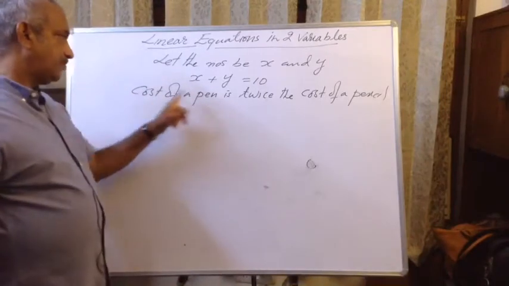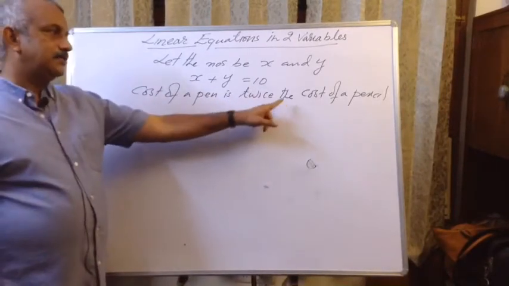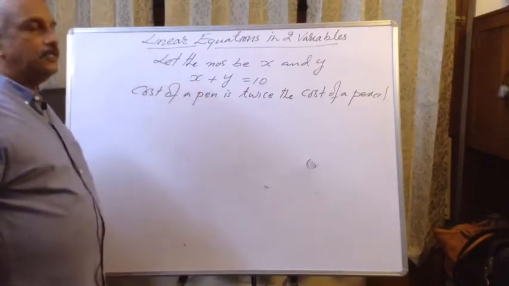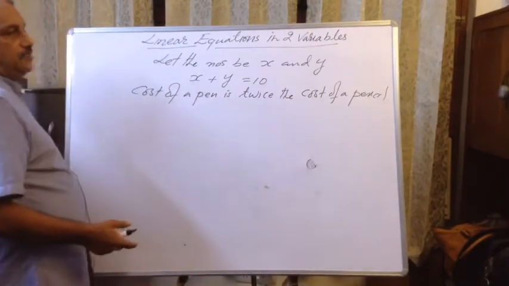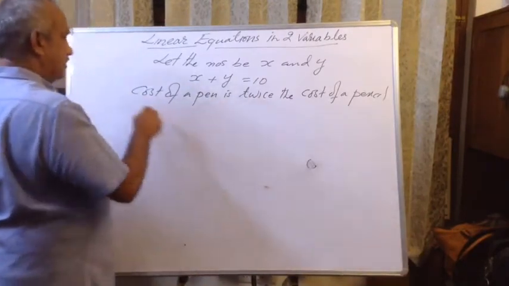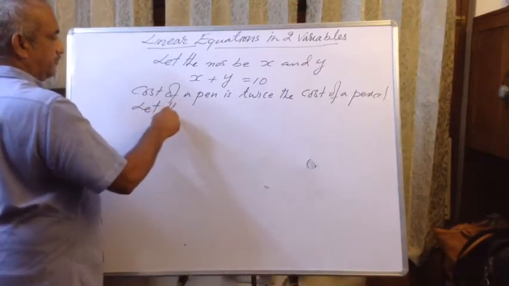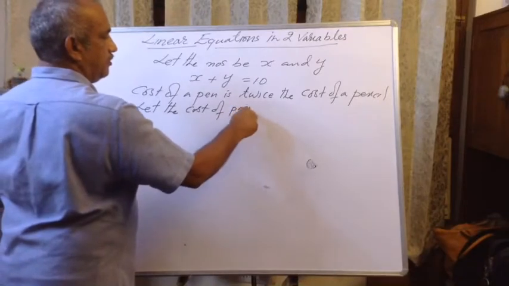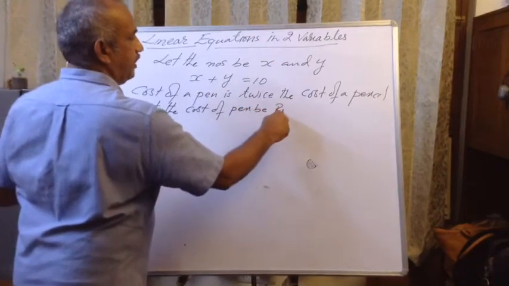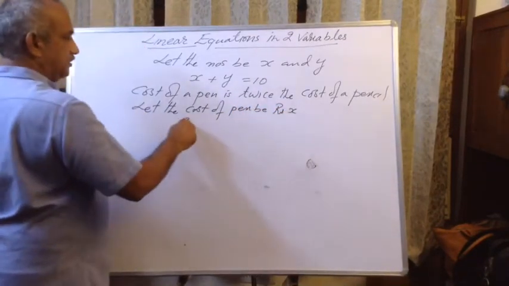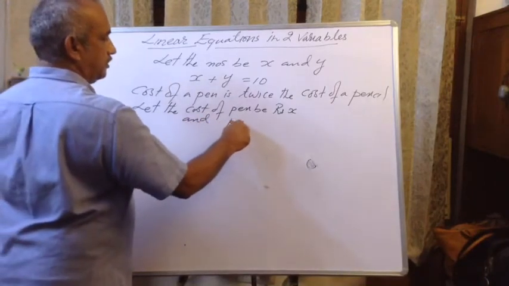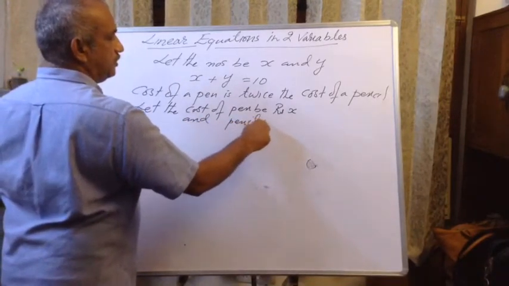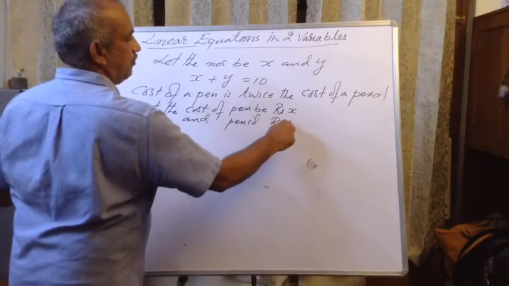Now one of them we will assume as x, the other one as y. Let the cost of a pen be rupees x and one pencil, rupees y.